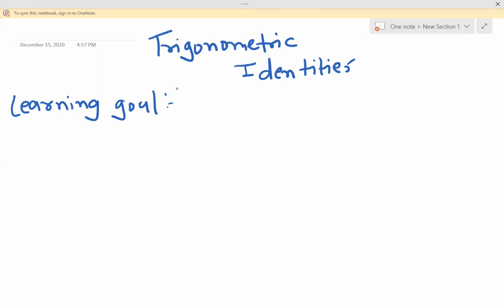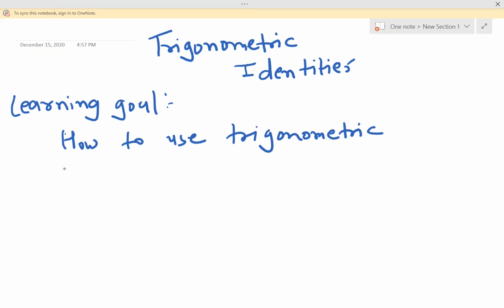My learning goal: I am going to learn how to use trigonometric identities to prove other identities.